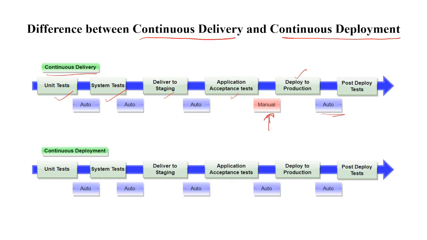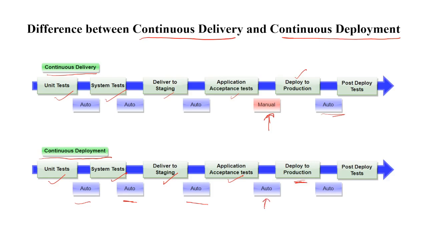Next is continuous deployment. In continuous deployment, things are the same: unit test, system test, delivery to staging, and application acceptance test are all automated using various tools through automation. And then the production deployment is also automated, with no manual intervention.